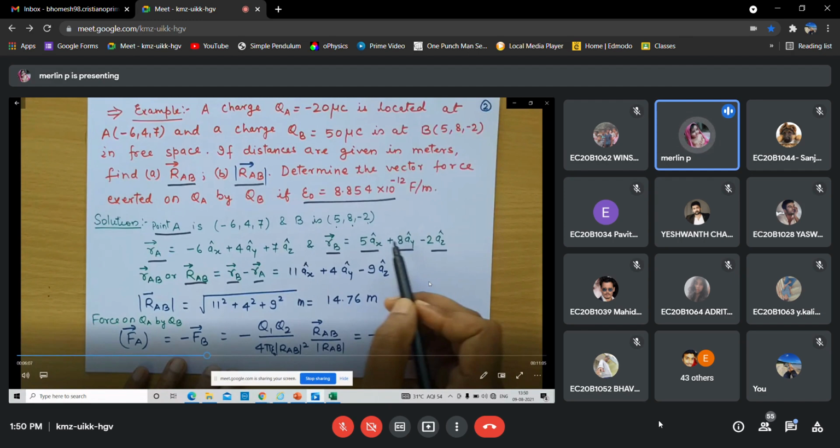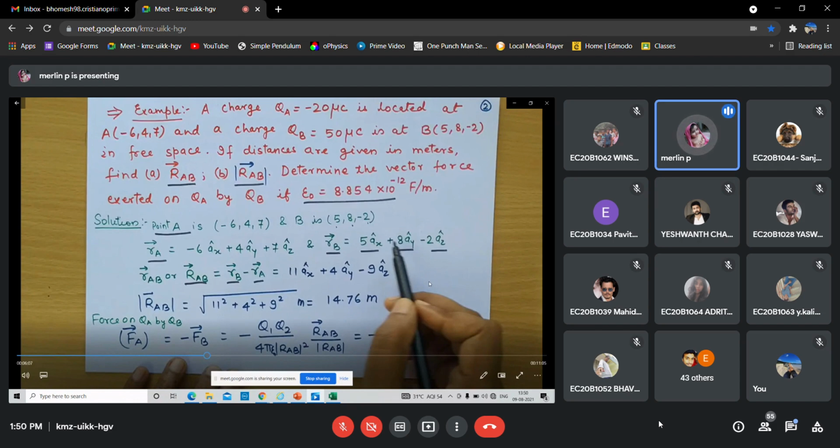Till this you have to do, and then we have found out the magnitude of RAB as well as the vector of RAB. Then we have to determine the vector force from QA to QB. I have told you that every force has the same magnitude and the direction will be different. So they have written FA is equal to minus FB. You can write FB is equal to minus FA also. Both are the same.